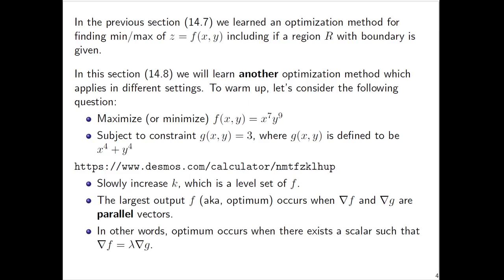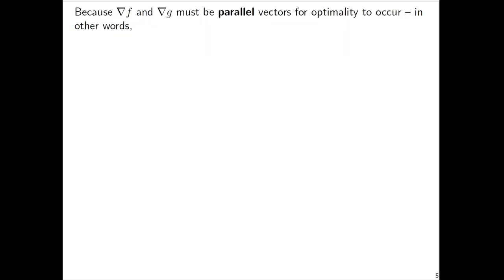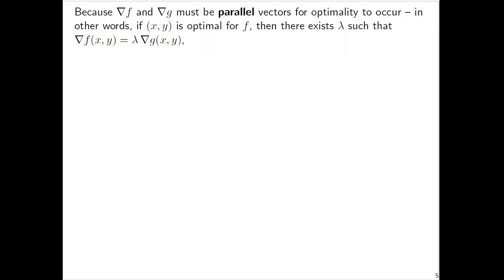There's a general fact that the optimum is going to occur when there exists a scalar such that the gradient of f equals lambda times the gradient of g. In other words, the gradient of f and the gradient of g, which are both vectors, need to point in the same or an opposite direction. So they're parallel vectors.